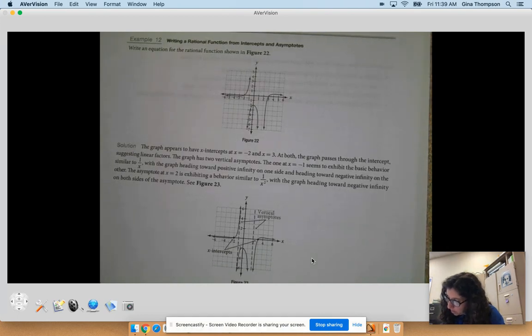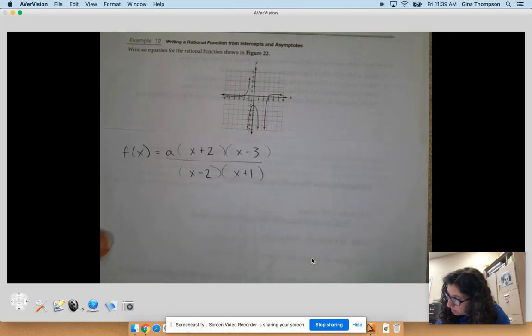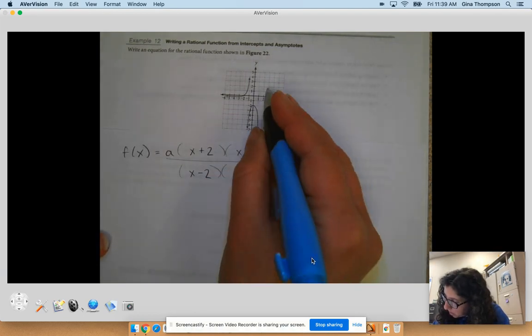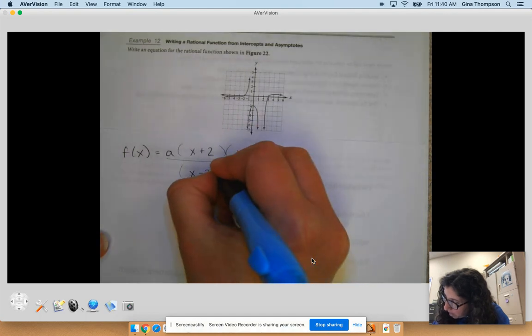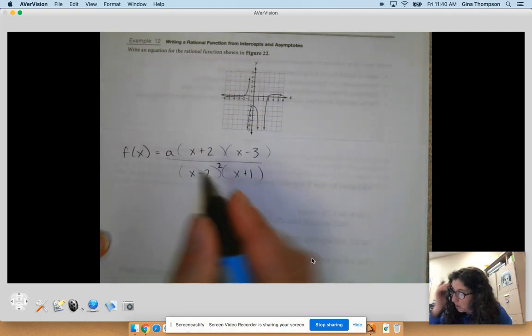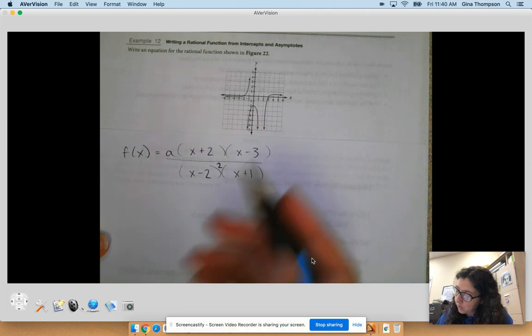How did they figure out that it was x minus 2? Here it's going to be squared because we need this denominator to be 1 degree greater than the degree of the numerator.